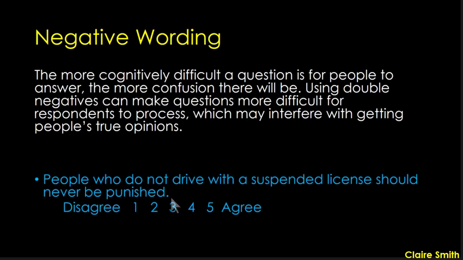Okay, so some people might not understand what it's actually asking and respond differently than they would if it was just a straightforward question. So we want to make sure that we're avoiding confusing wording and especially negative wording or double negatives that are, again, testing cognitive ability rather than actually asking the question. Okay.